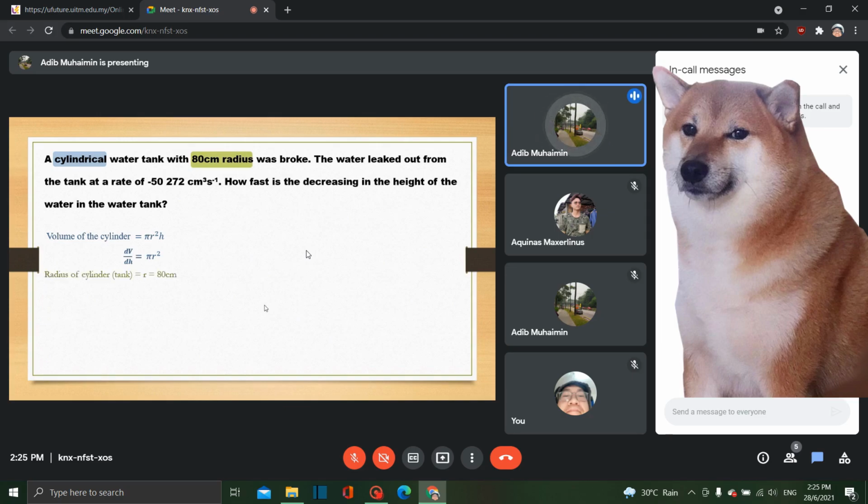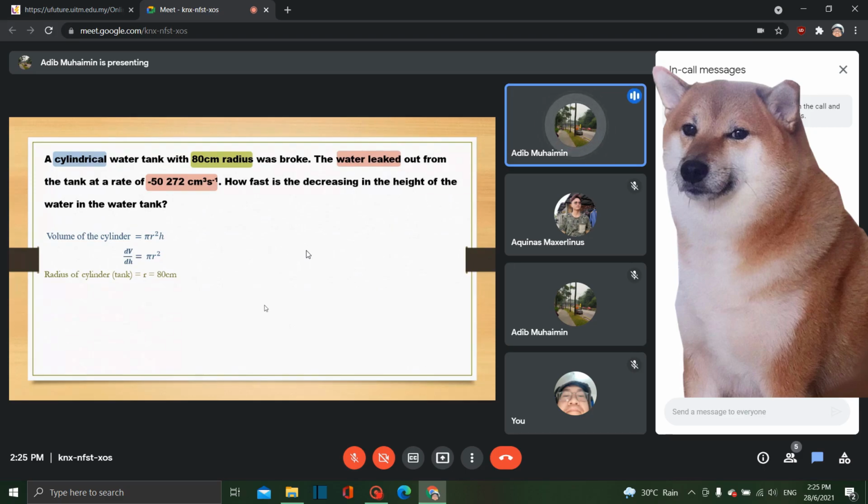In the next sentence, we have negative 50,272 cm³ per second. Maybe they are asking why it's negative: because water leaks. Anything that leaks, decreases, or gets lesser than the original, it is negative.